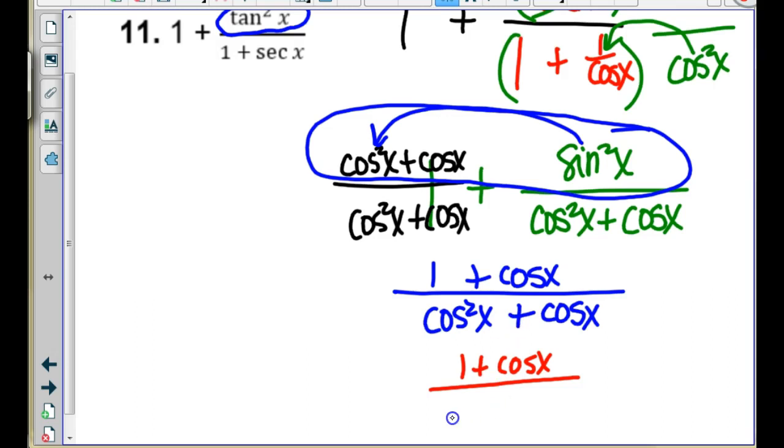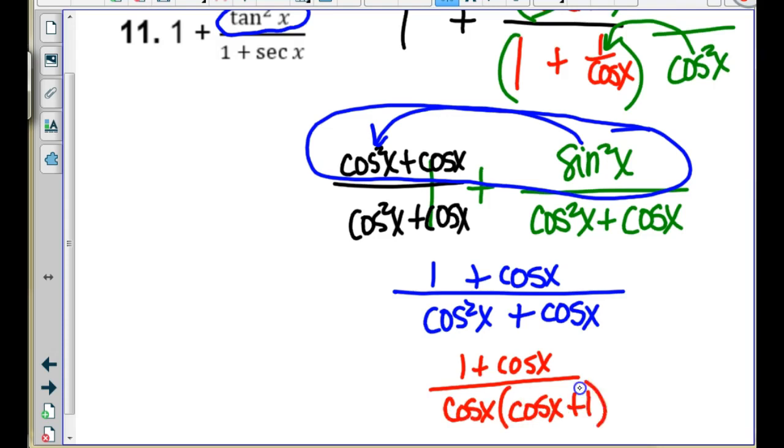Zoe, any ideas? Yeah, it's not. What? Okay, guys, I know this is a weird idea to introduce right now, but can we factor something out? What could we factor out right there? Because then what would it become?